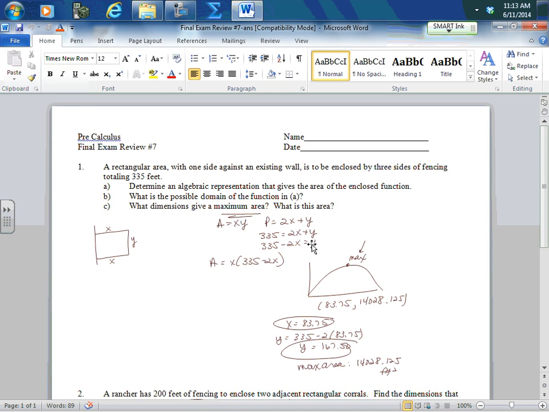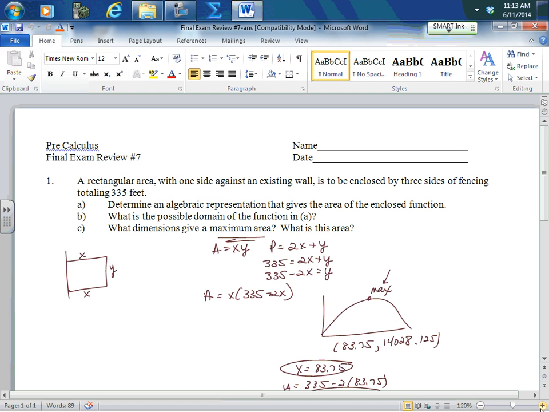And the last one, 7, these were maximizing your areas. When you maximize your area, that's what goes into your Y1. So sketch this, a rectangle against a wall. So only 3 sides do we have to account for.